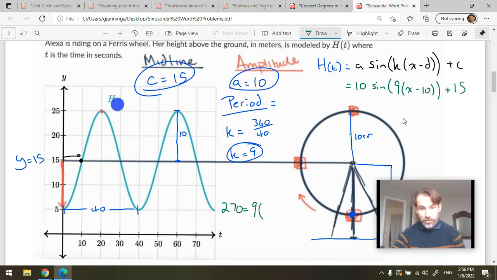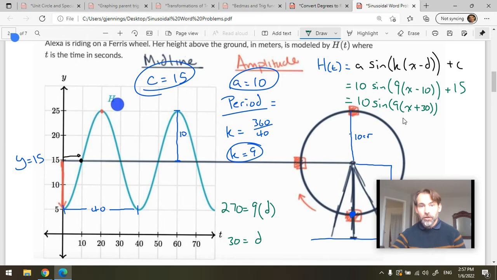So 270 equals 9 times d. Divide both sides by 9 and that gives you 30 equals d. And that's positive 30. So we could have also said this is equal to 10 sine 9 times x plus 30.